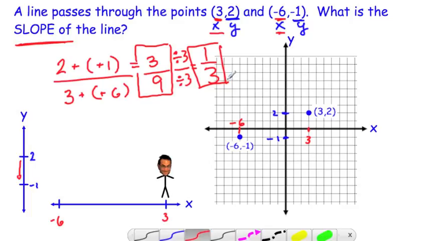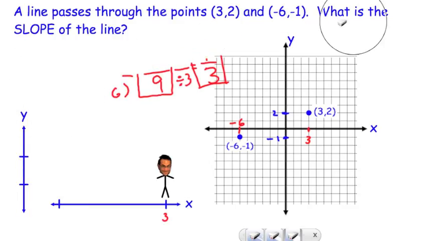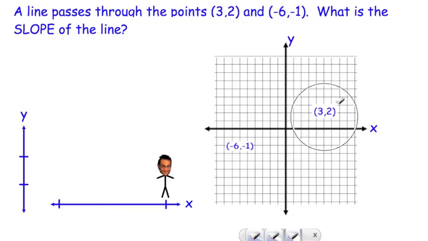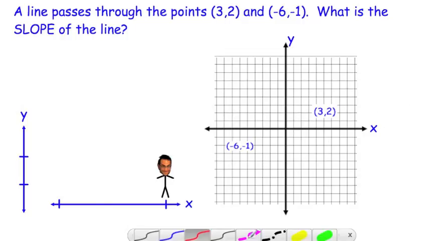Now, I am going to erase all of this. I'm going to do the same exact problem a different way. It's not going to confuse you at all. Last time I wrote 2 minus negative 1.